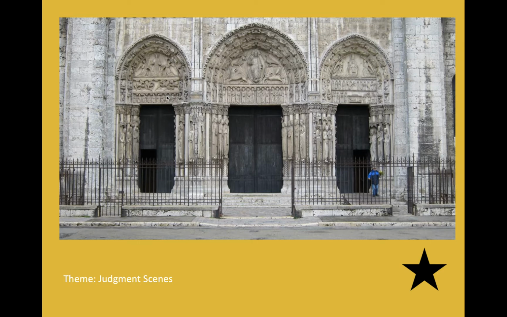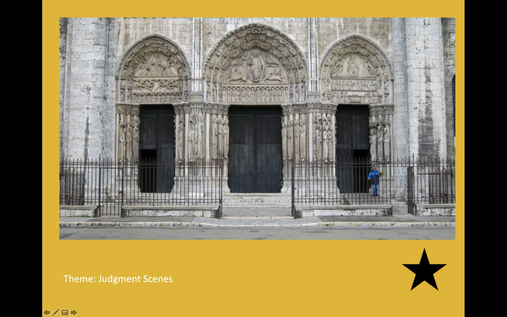And the bottom is decorated with figures, these figures here, Old Testament figures. And the top is decorated with images of the life of Christ. Like we talked about at Sainte-Foy, the rich people would walk through these doors and be reminded of the kings and queens of the Old Testament, and be reminded to be good servants of their people. Even though they were the royalty, they needed to treat their people well.